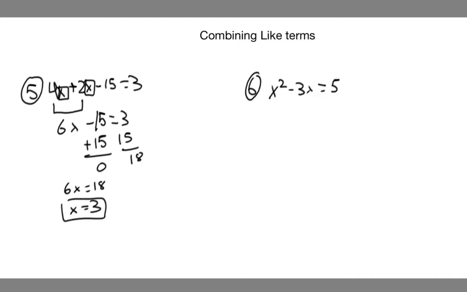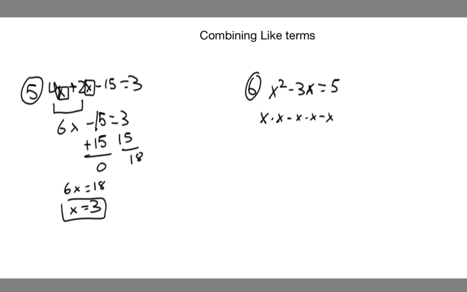Okay, great. So now we have this equation over here: x squared minus 3x equals 5. How would you go about doing this? Would you try to combine the x squared and the 3x? If so, that would be incorrect, because remember last time, this would be like saying x times x minus x minus x minus x.